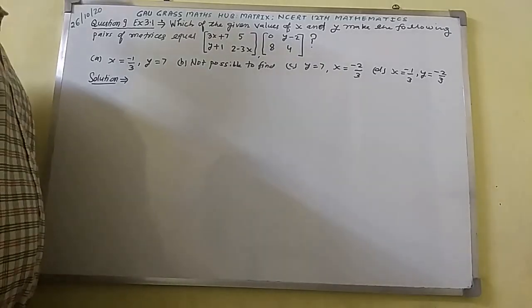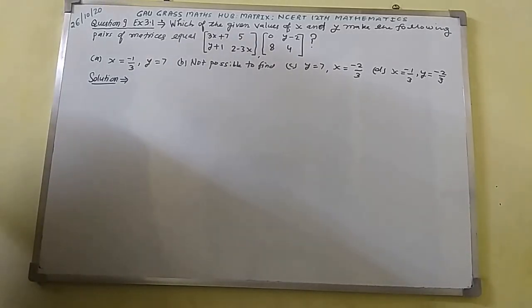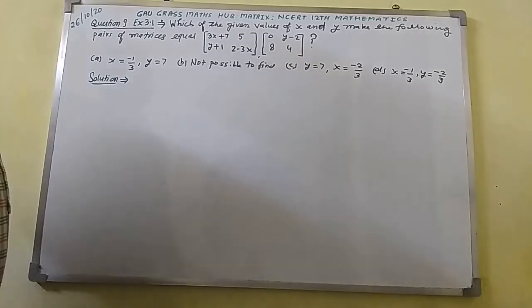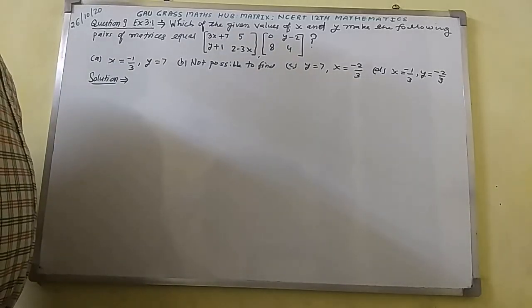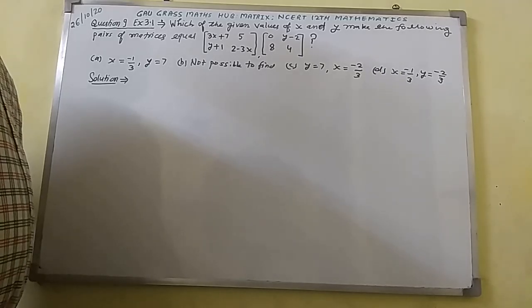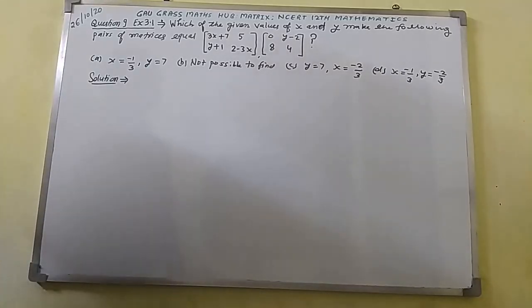The elements of second row, y plus 1, 2 minus 3x, closing of square bracket, comma. Other matrix 0, y minus 2, 8, 4. Note of interrogation. This is the note of interrogation I have written.